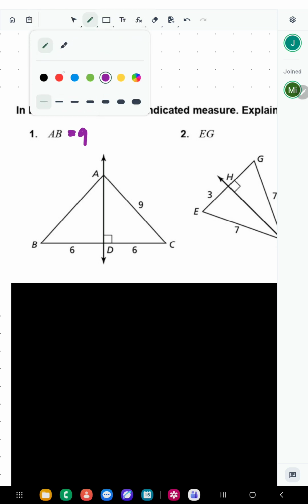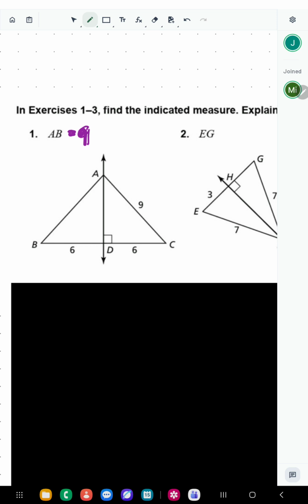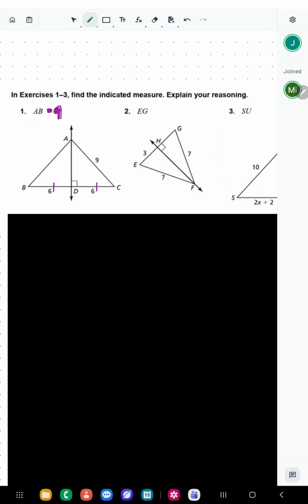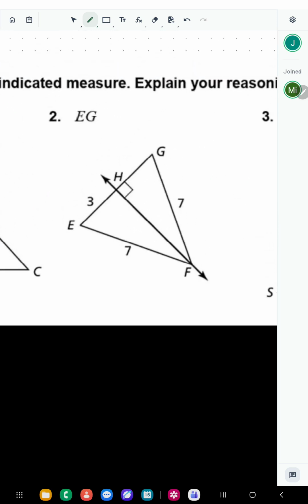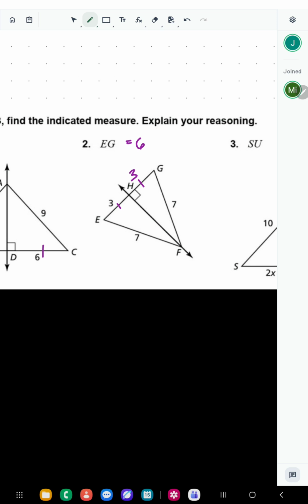Yeah, because it is indicated that BD is congruent to DC. And then the same thing with the second figure. EH is congruent to GH, right? So this is also 3. Therefore, EG is equal to 6.